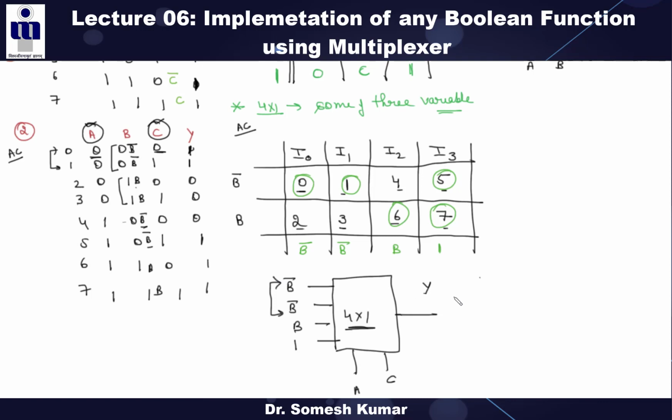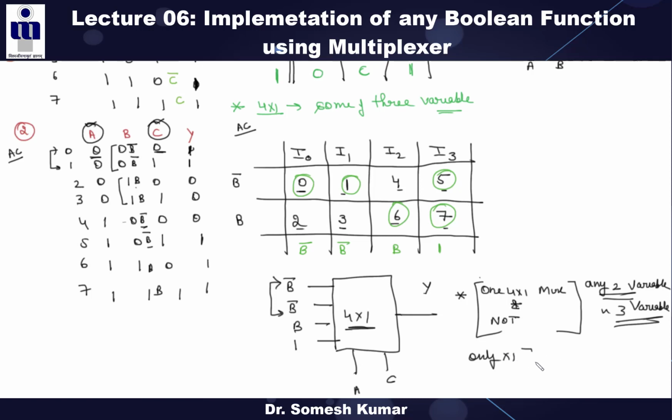So the conclusion is: one 4:1 mux plus a NOT gate, or we can say one NOT gate, is used to implement any two variables as well as any three variables. Understand? Means one NOT gate and one 4:1 mux can be used to implement any three variables and any two variables.